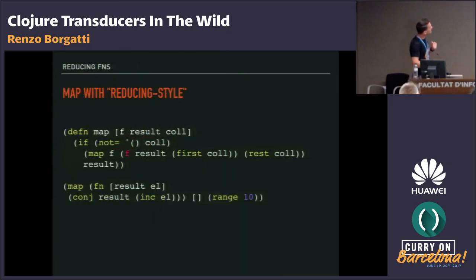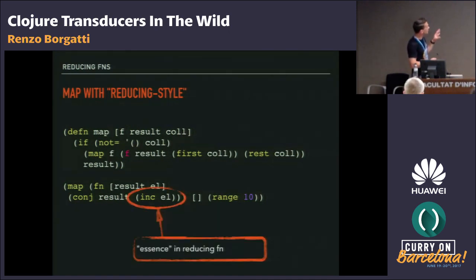All right. So this is map, the same operation as before, but built on top of reduce. Let's visualize the operations that we discovered before. The essence now is in the caller of that function, because we need to pass it in the function.